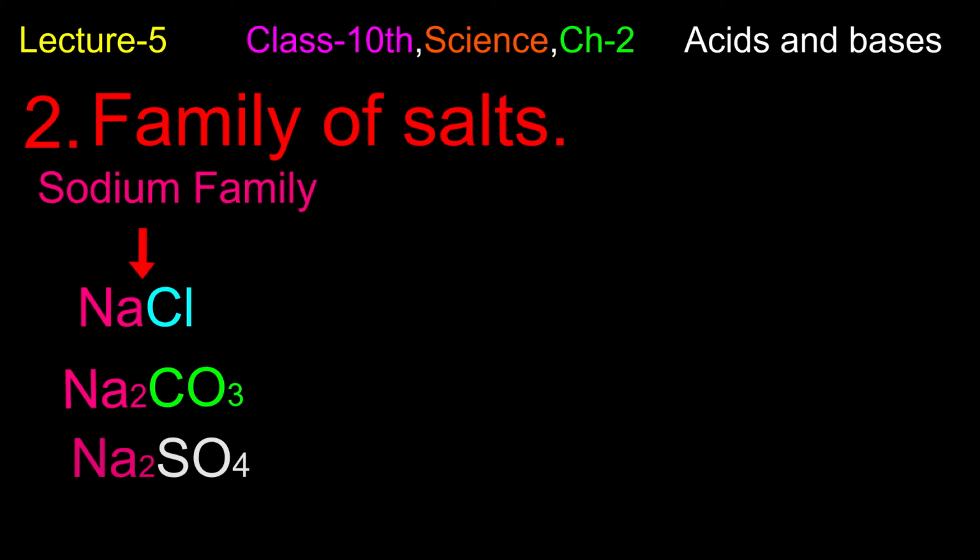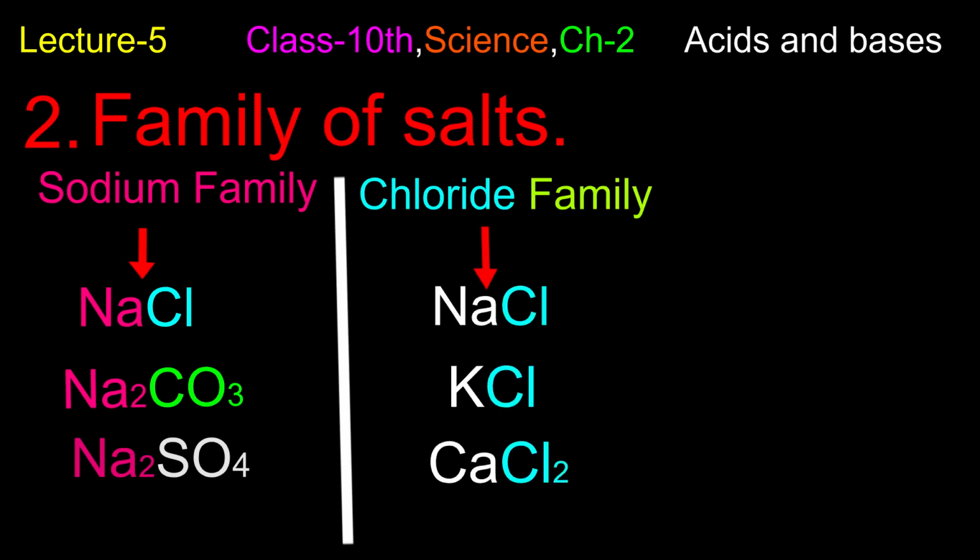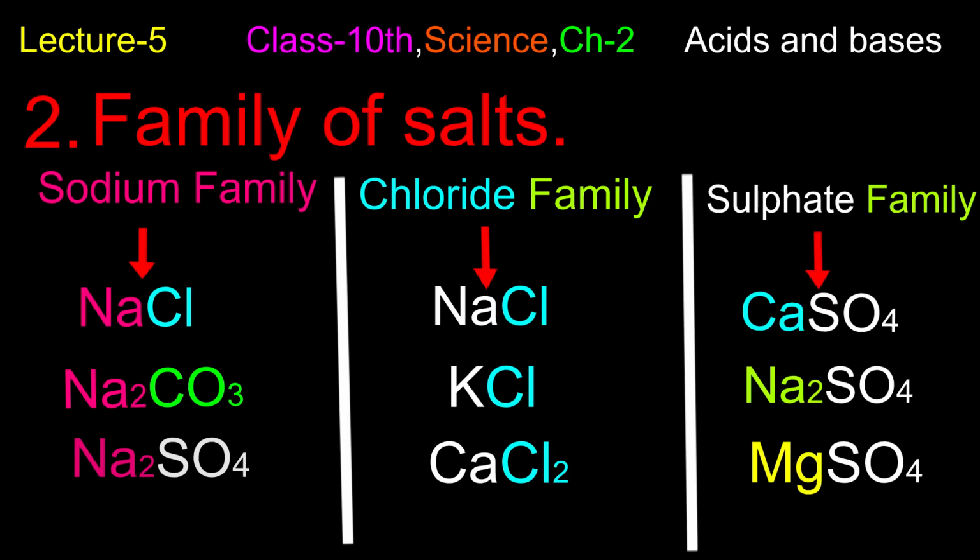Similarly, if the acid radical is common, then also all those salts belong to the same family. For example, all the chlorides form the same family and all the sulfates or the carbonates.